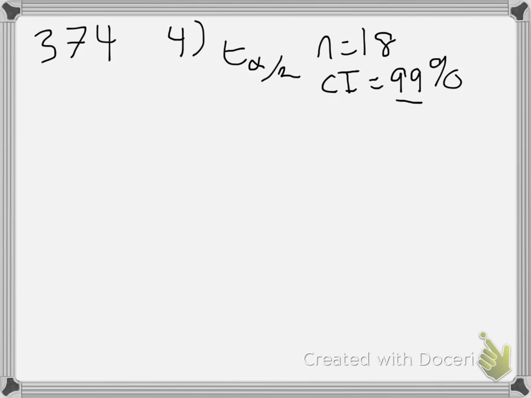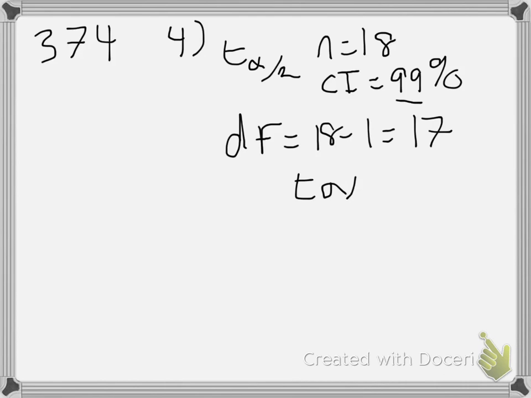If n is 18, my degrees of freedom is equal to 18 minus 1, so I want to look at 17. So I go down to degrees of freedom 17, and I go over to the 99% column, and what number do you see? Hopefully, you all see the same number that I see. T of alpha over 2 is equal to 2.898.